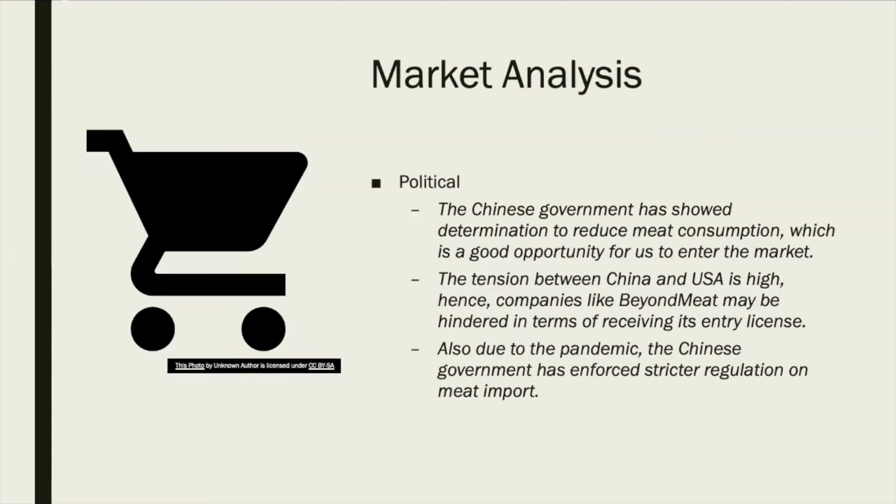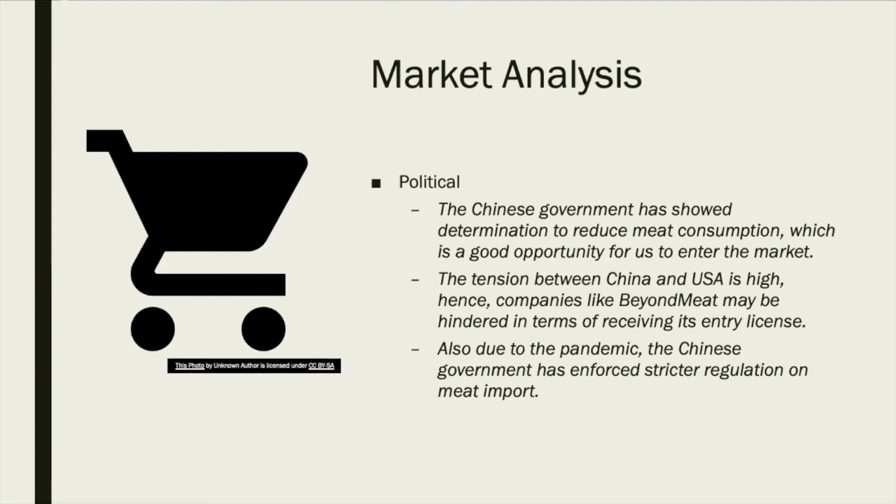And here's our PESTO analysis. First, political. The Chinese government has shown determination to reduce meat consumption, like I just showed you in the article. And there's also another advantage for us because the tension between China and the USA is high.